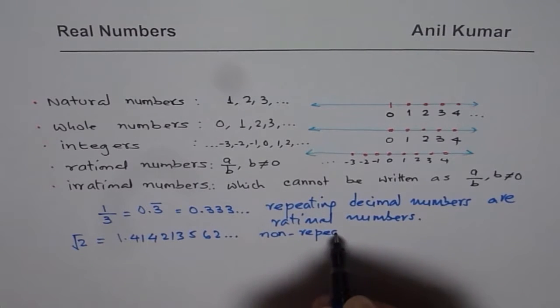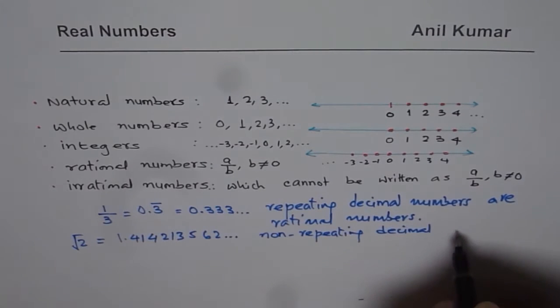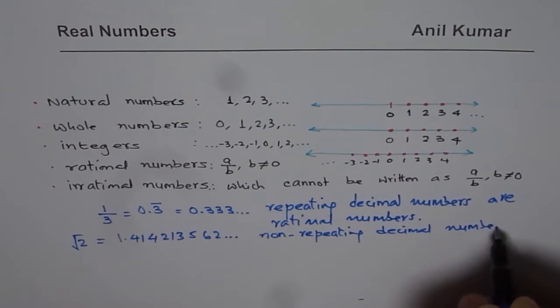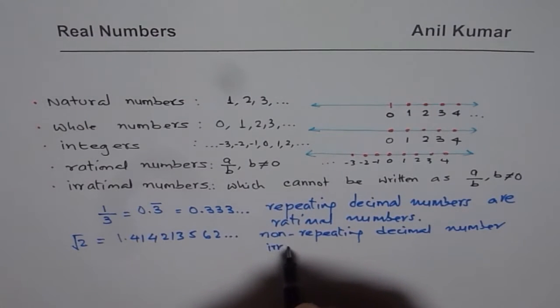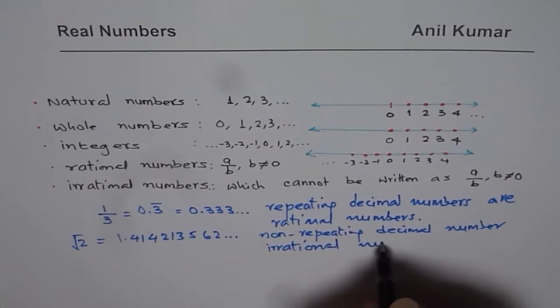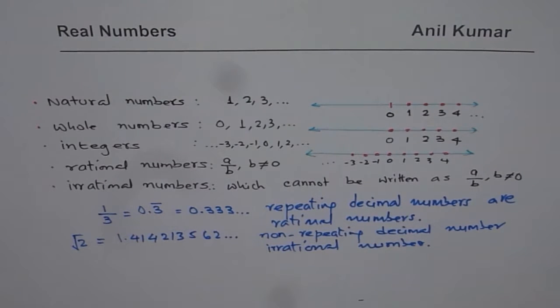That kind of number will be an irrational number. Do you see it? So that is the difference between rational and irrational numbers.